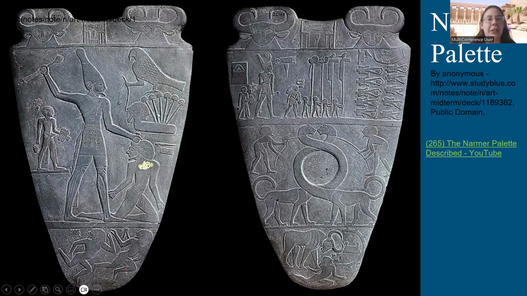I put it here because it is one of the objects that has a lot of the early hallmarks of Egyptian art in terms of artistic conventions and motifs that you will see crop up and used in elite and royal art all the way past the New Kingdom.